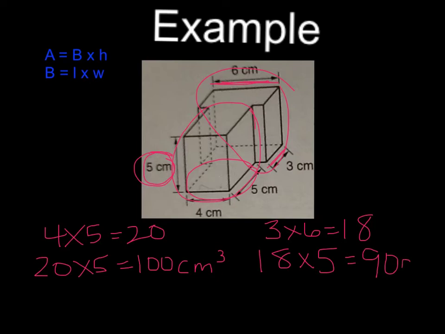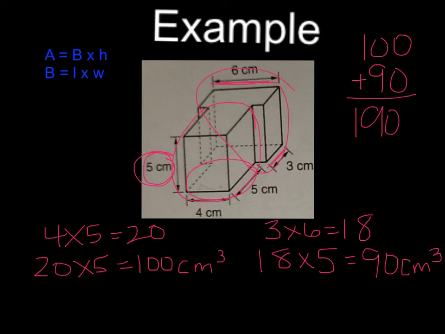So the volume of the back rectangular prism is 90 centimeters cubed. Next, I need to take 100 centimeters cubed and add it to 90 centimeters cubed to find the volume for the entire figure. 190 centimeters cubed is the volume of the entire figure.